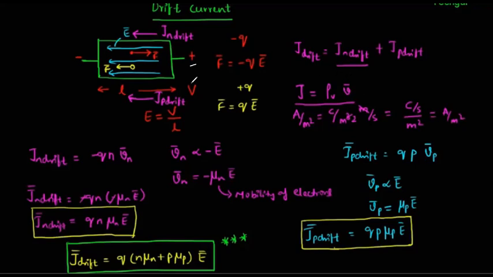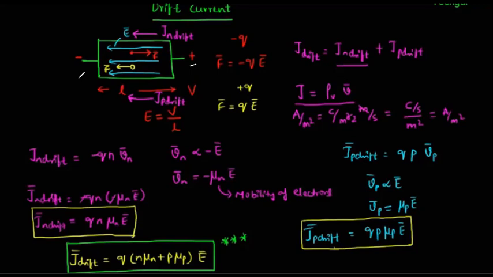And for holes, I'm just considering holes as positive charge particles, because we have to consider holes also. I'm considering the hole as P. The hole will move in the direction of the electric field, because unlike a conductor, in a semiconductor we have two charge carriers, both electrons as well as holes.